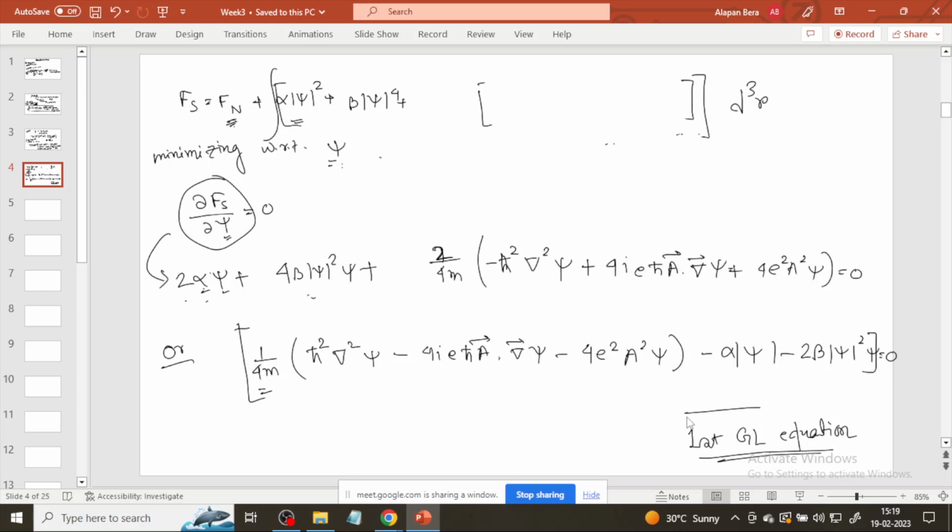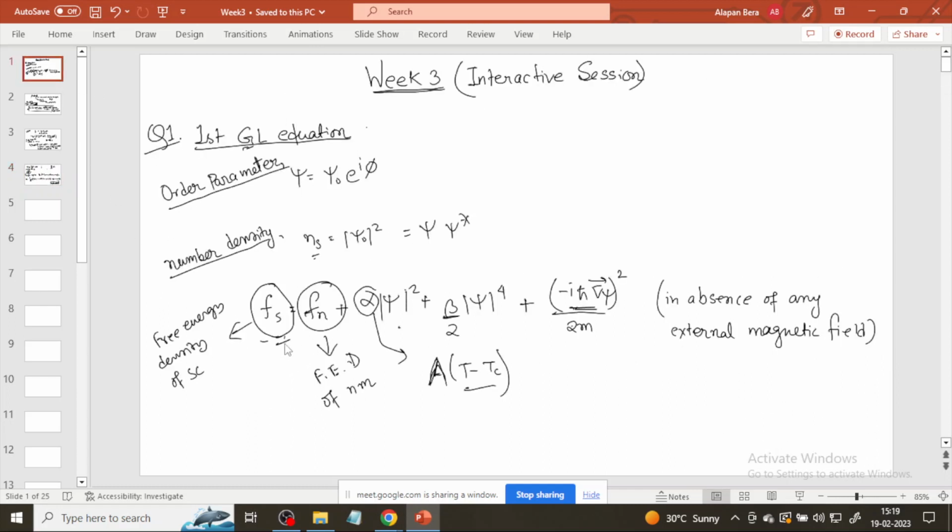So now, what we have done is we have derived this first Ginzburg-Landau equation starting from the free energy density of the superconducting state. So we take the free energy density expression using this Ginzburg-Landau theory. This GL theory gives us that the free energy density is some constant Fn, the free energy of the normal state, plus alpha psi square plus beta mod of psi to the power 4 plus the kinetic energy term.